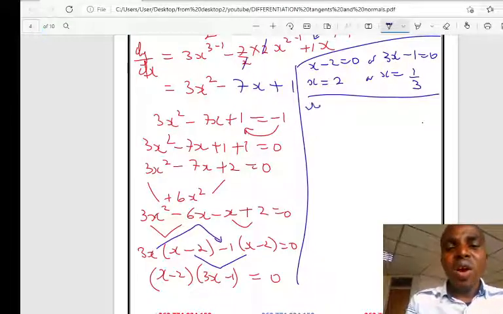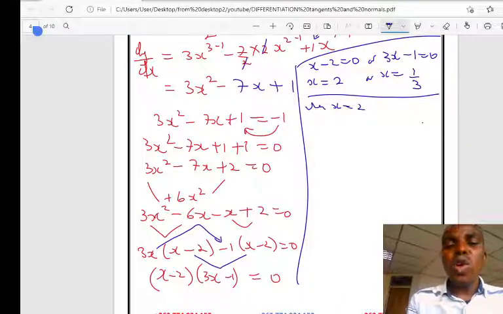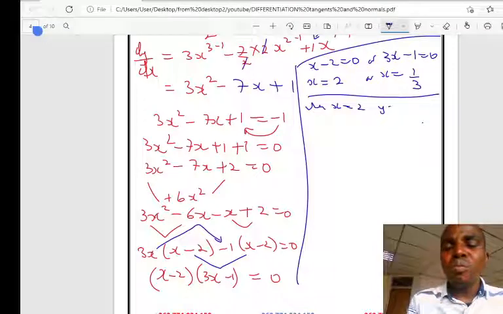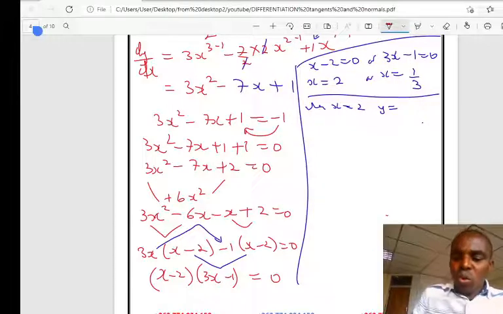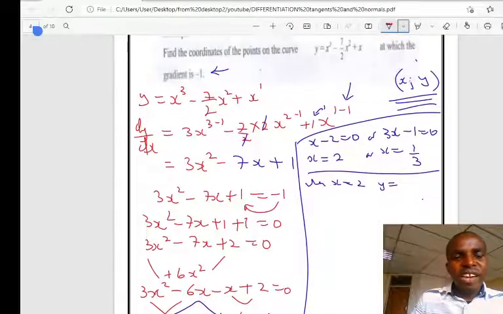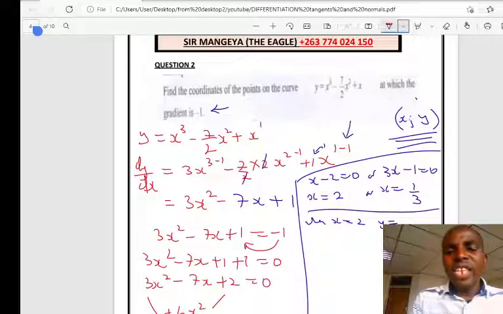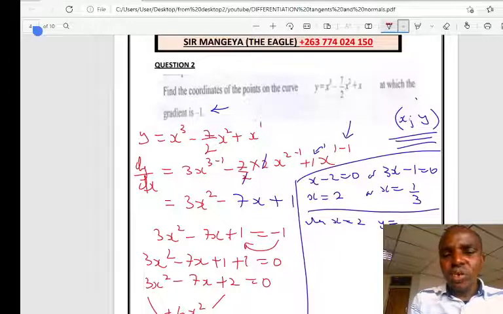When x is equal to 2, what will be y? Y will be equal to, you use your original equation of the curve. It's y equals x cubed minus 7 over 2 x squared plus x, so 2 cubed minus 7 over 2 times 2 squared plus 2.